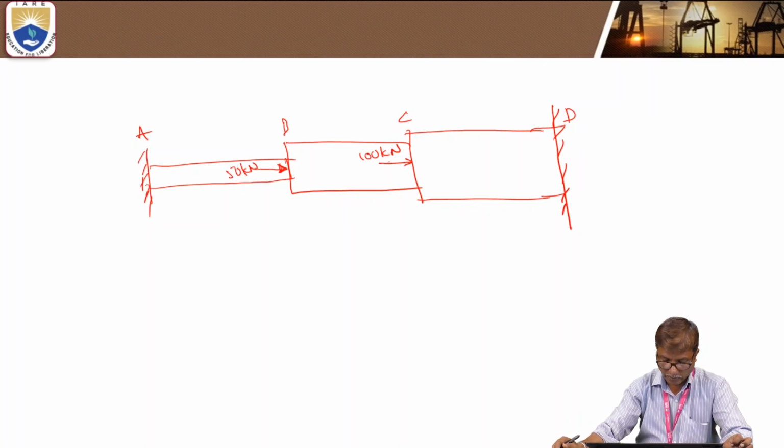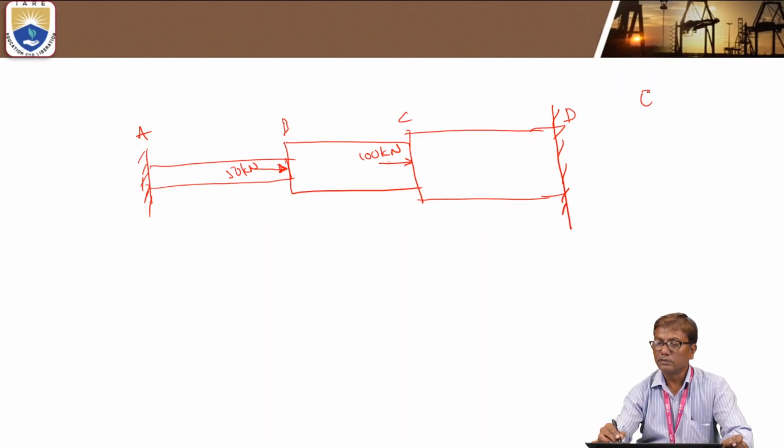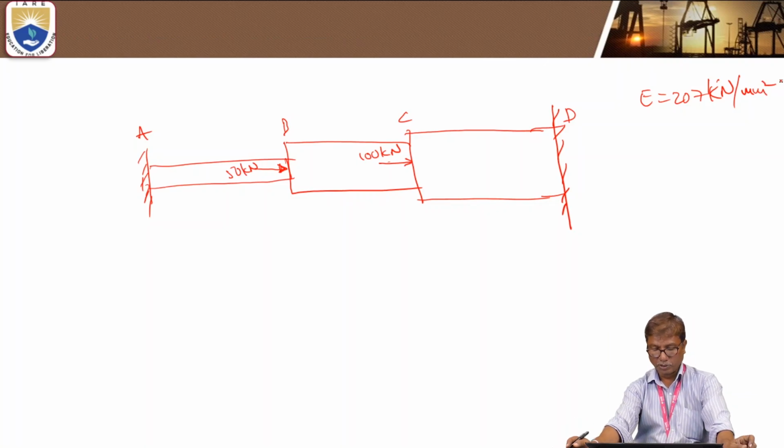Now the Young's modulus is the same for all the three, which is 207 kilonewton per mm square.